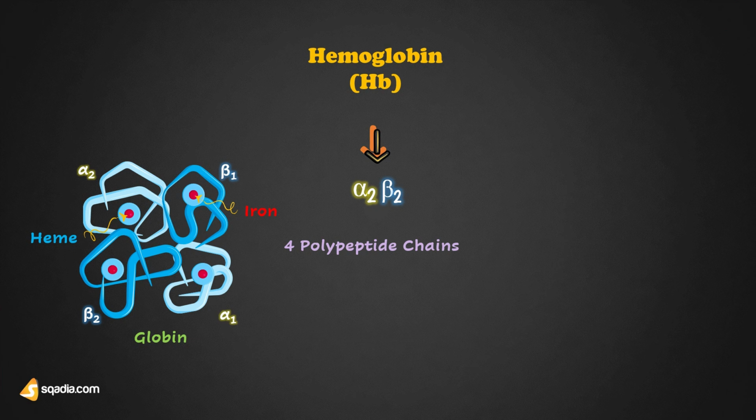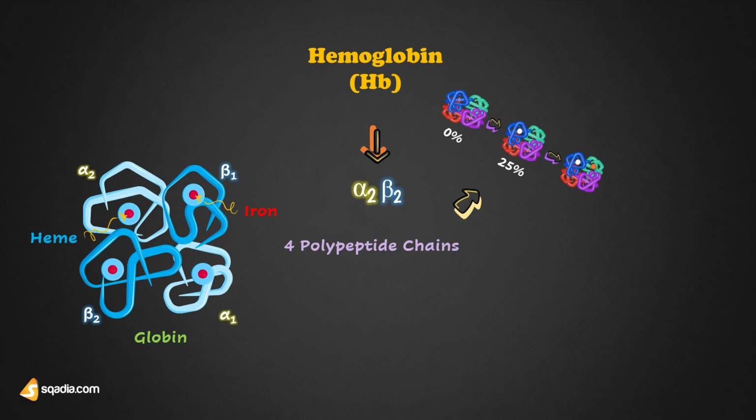But the thing is that hemoglobin might not always be bound with 4 oxygens. When it is not bound with any oxygen molecule, it is said to be 0% saturated, also known as deoxyhemoglobin or reduced hemoglobin. Or it can have just 1 oxygen bound to it, and that would make it 25% saturated.